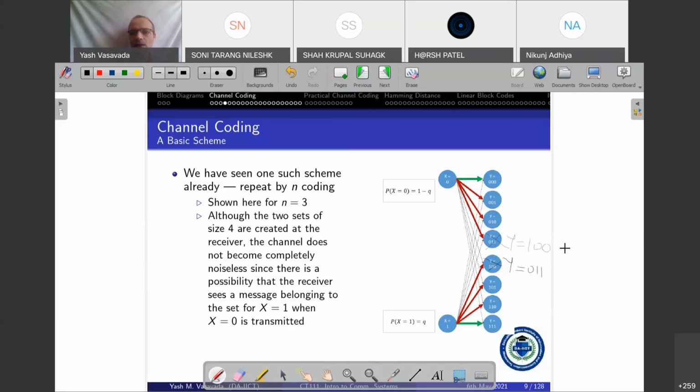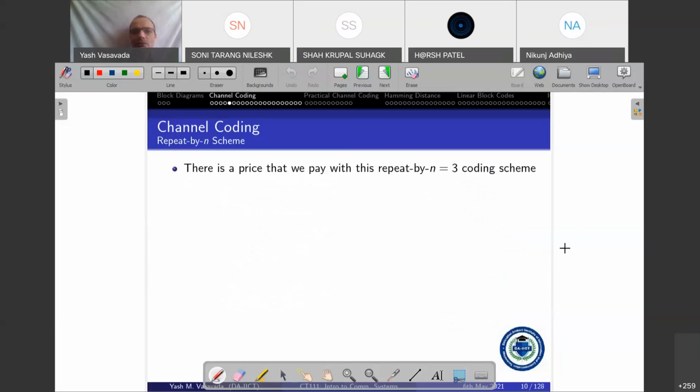Okay. So this is good. We are able to reduce the error probability, but there is a cost associated with this. Who can tell me what do we give up? I mean, this reduction of the probability doesn't come free of cost. We need more storage. Either more storage, or if you are going to send more number of bits, then more bandwidth.